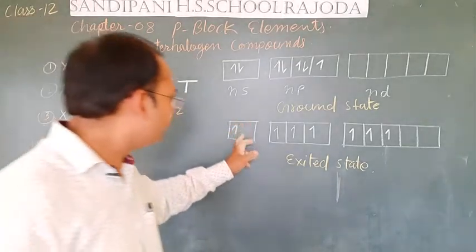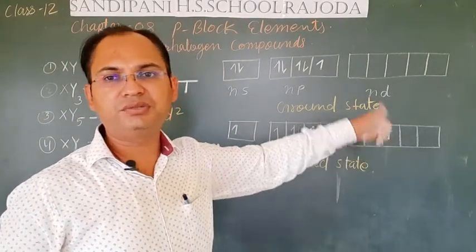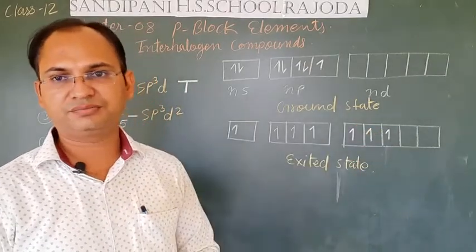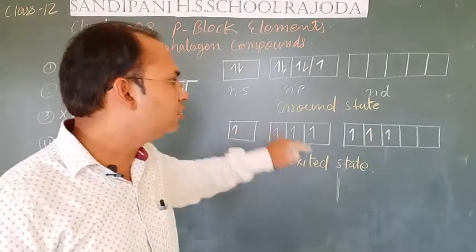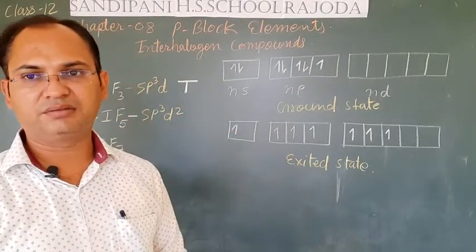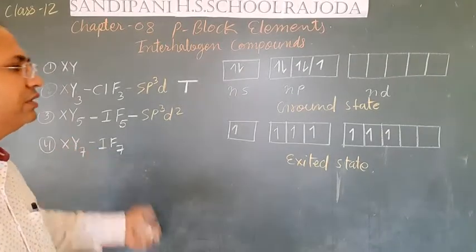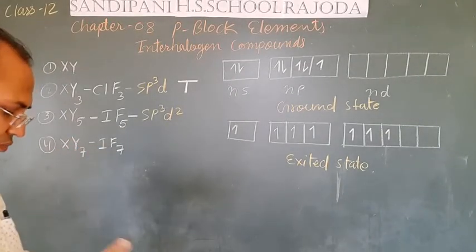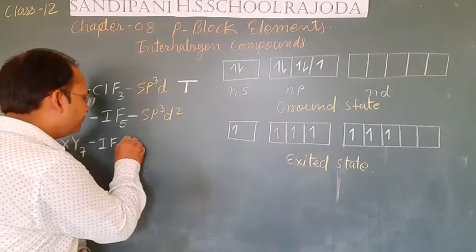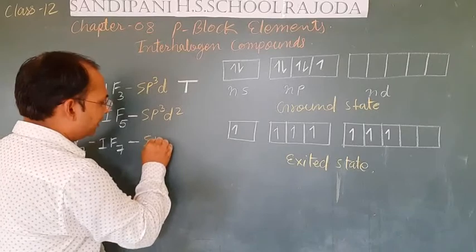So one more electron gets excited and jumps into the next d orbital. Now we can see that there are a total of 7 unpaired electrons, and these can easily combine with the 7 fluorine atoms.